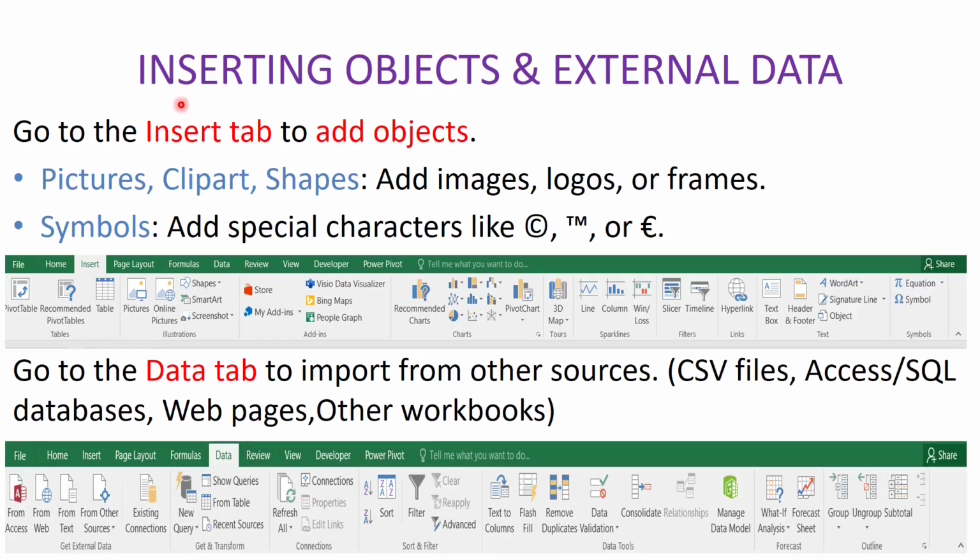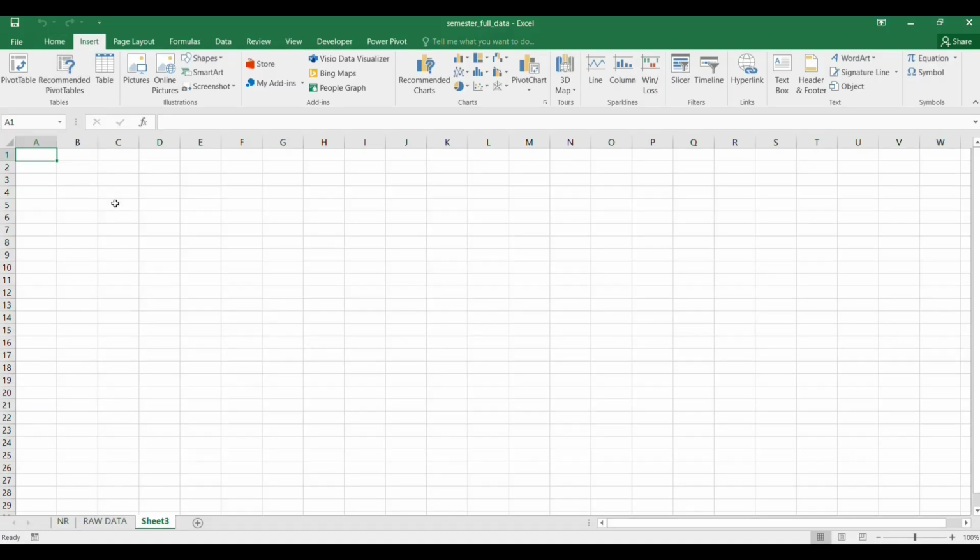Next, we will see how to insert an object and external data in a spreadsheet. Excel is not just a tool for numbers and formulas. It is also capable of handling visuals and special characters that make a worksheet more attractive. Let us start with inserting pictures and clipart in the worksheet.